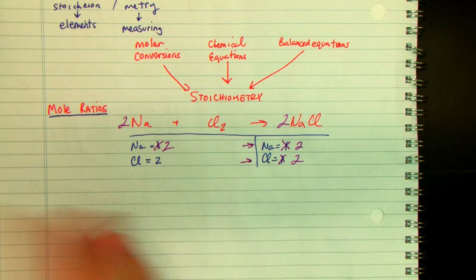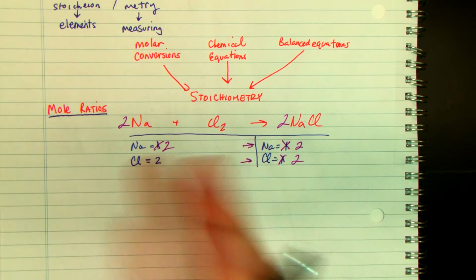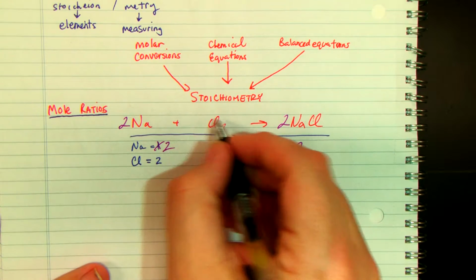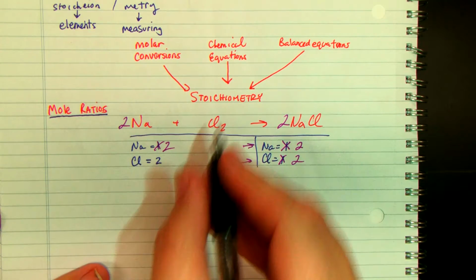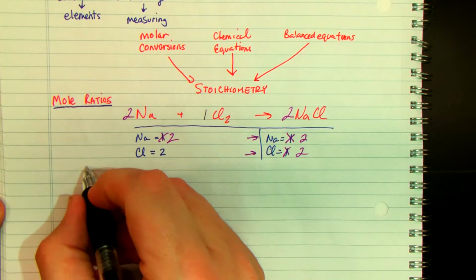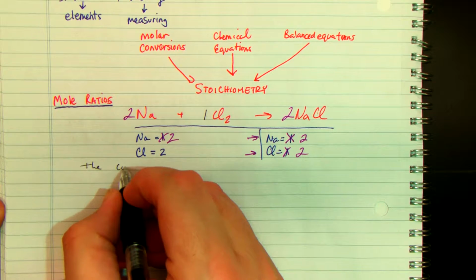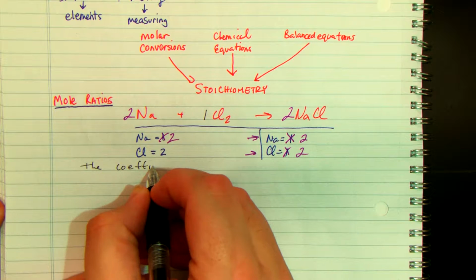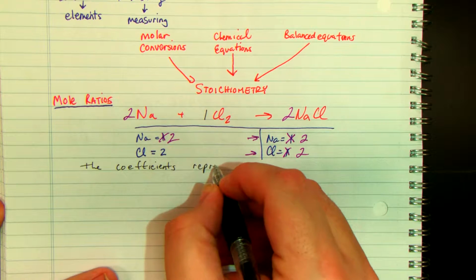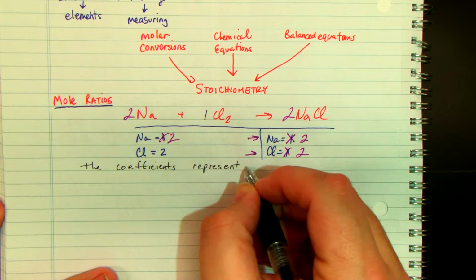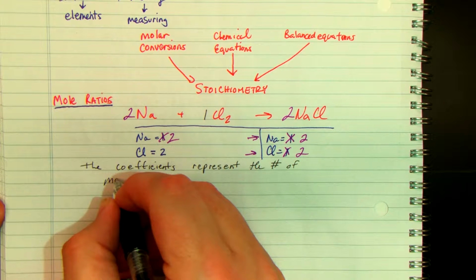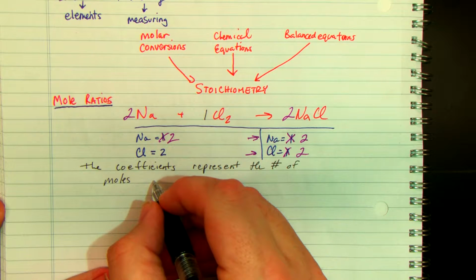Now, what I didn't tell you right off the bat with these coefficients, you have 2 here, you have a 1 here, and you have 2 here. The coefficients represent the number of moles.